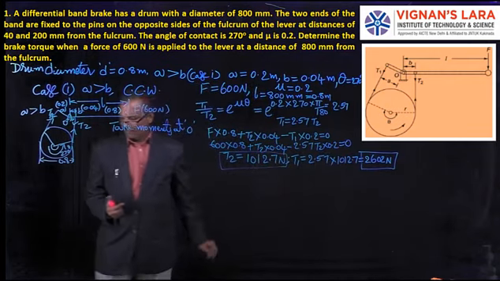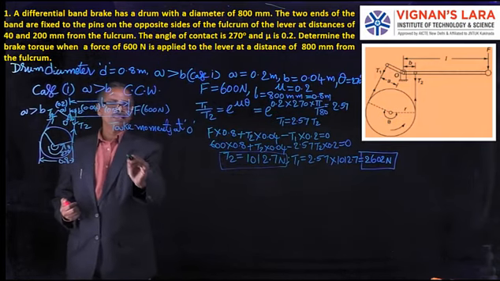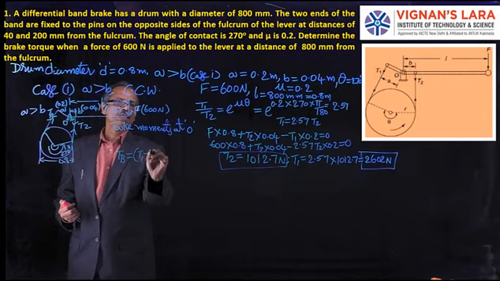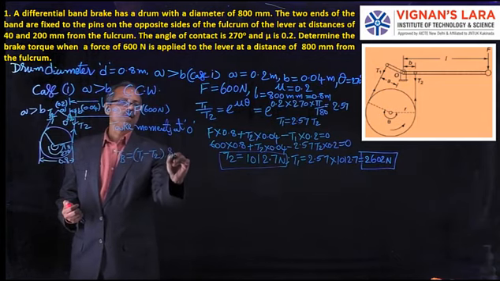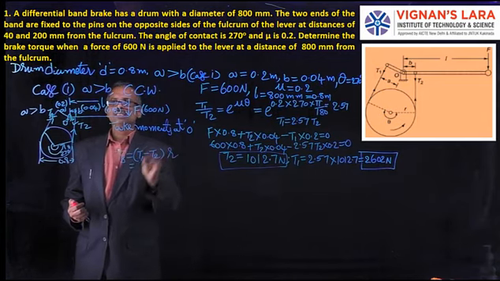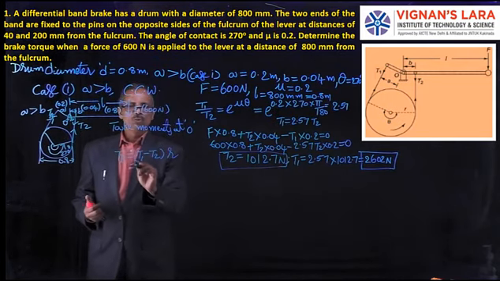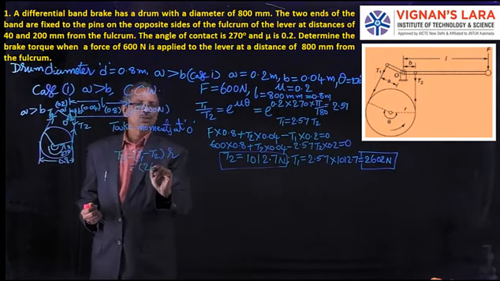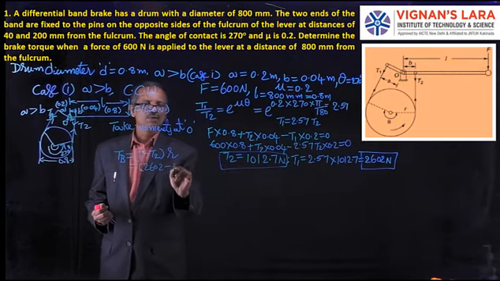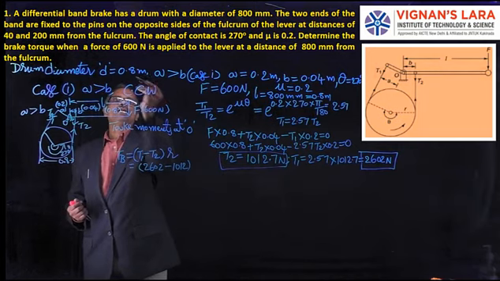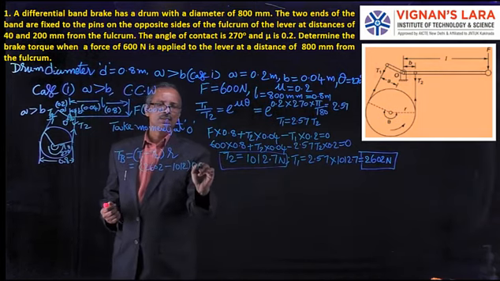Then we know the braking torque. At the very beginning I said TB is equal to T1 minus T2 into R. What is this R? R is the radius of the braking drum. That is 2602 minus 1012, times the radius. The diameter is 0.8, so the radius is 0.4.